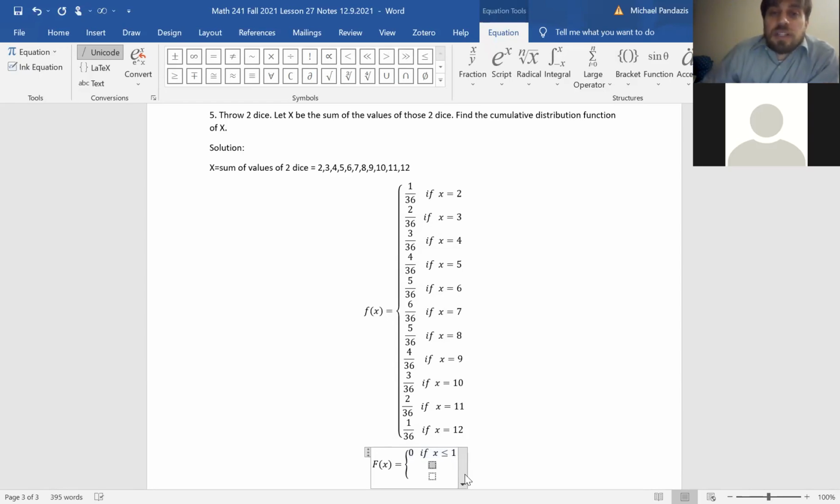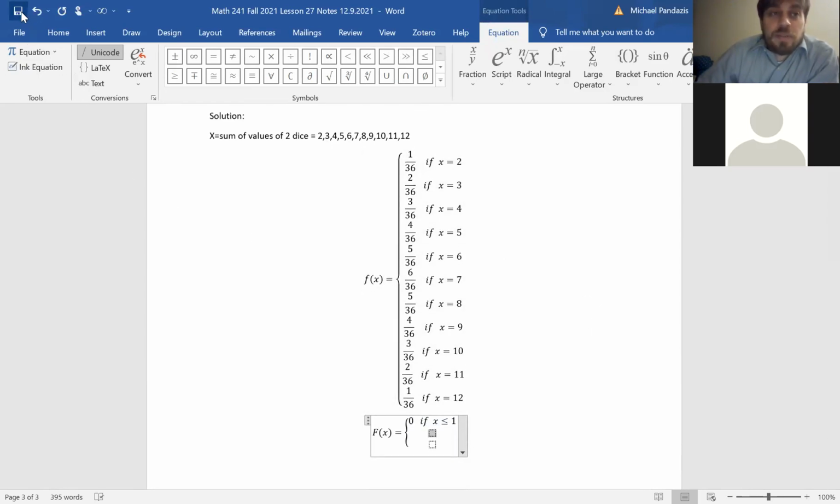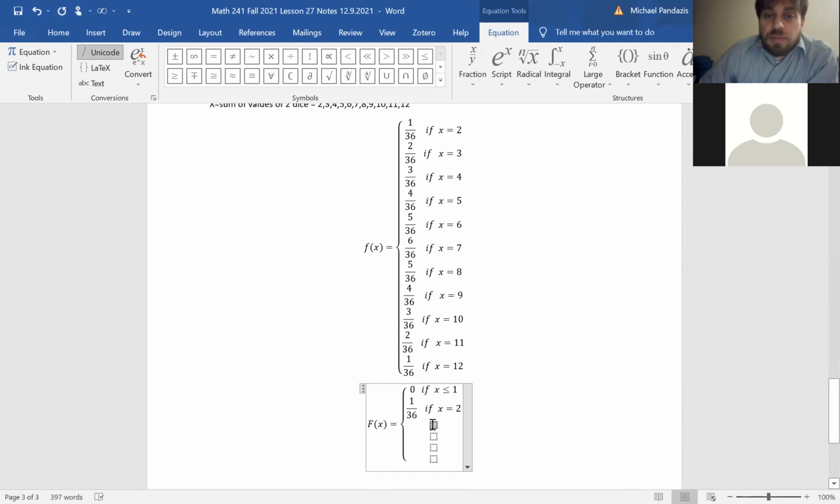The probability that capital X is at most 1, or anything less than 1, would be 0, because the smallest value of x is 2. Now the probability is 1 over 36 if x is equal to 2. I'm only considering integer values here, so I don't care about the values in between.